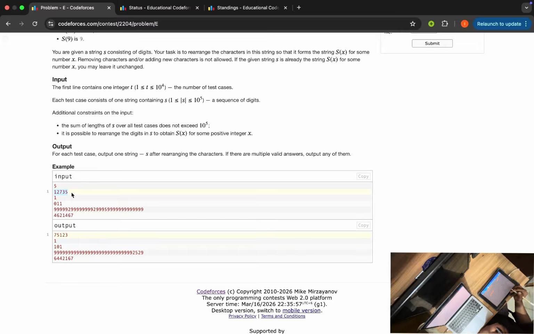Okay, the question is I have to rearrange 1, 2, 3, 4, 5. I have 5 positions. I have to make them something like: up to this value, the sum equals that or that, then that next value equals that.